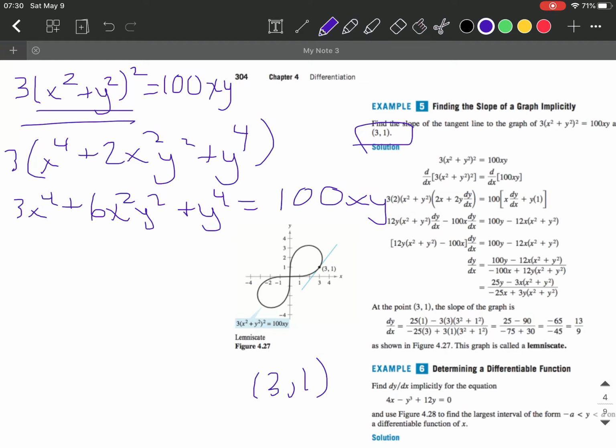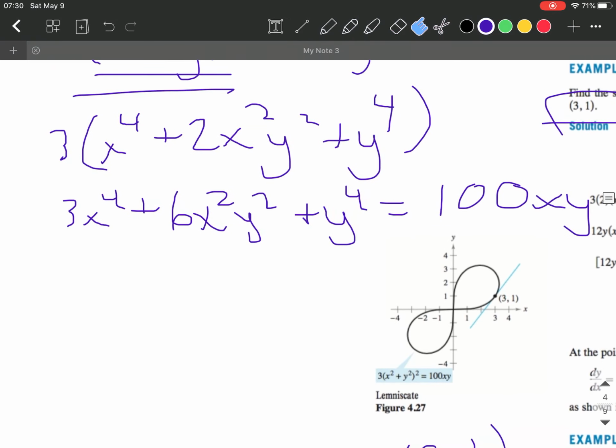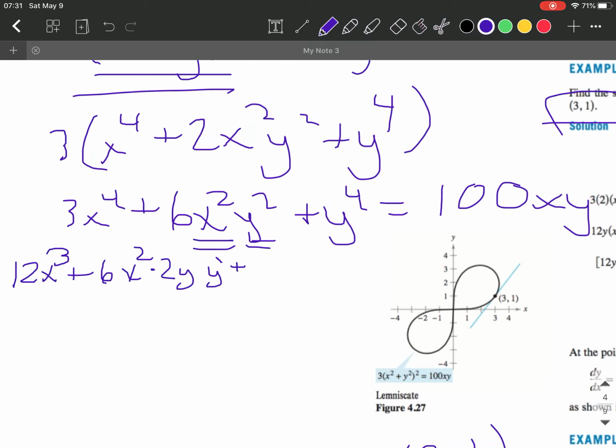And then I would take terms, deriving one by one. Let me make this bigger, maybe. Okay, so for the first term, I have 12x to the 3. For the second term, I have to use the chain rule. So it's the first times the derivative of the second, y prime, plus the second times the derivative of the first.